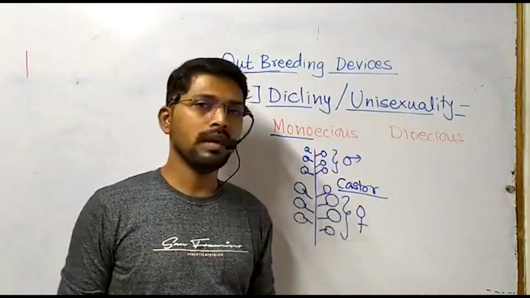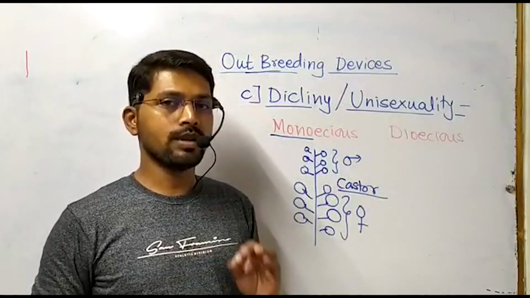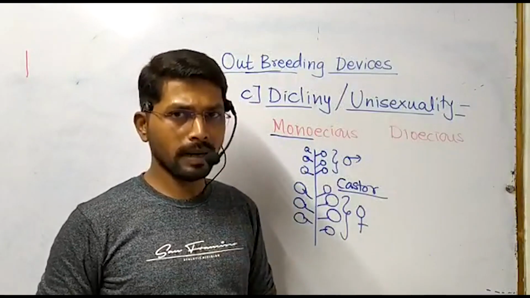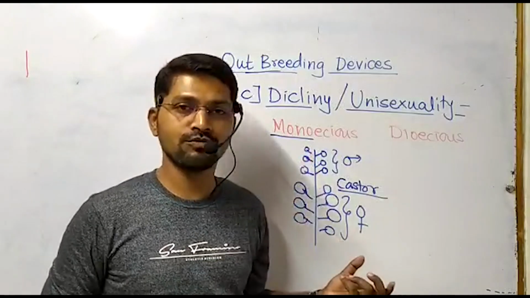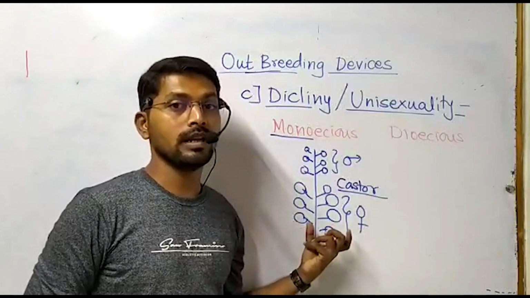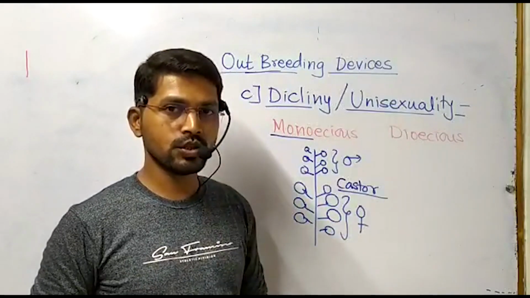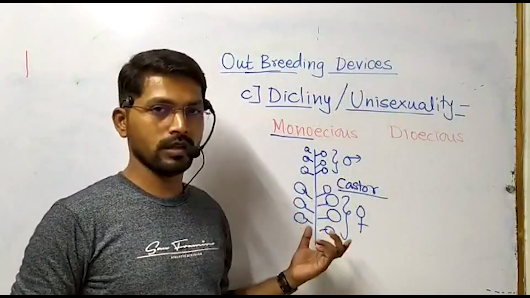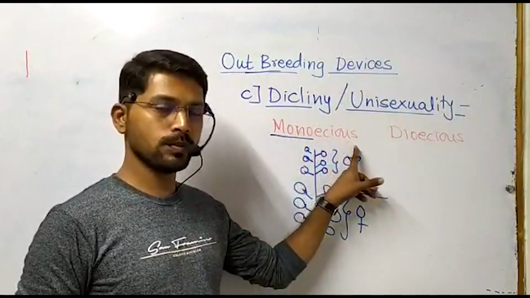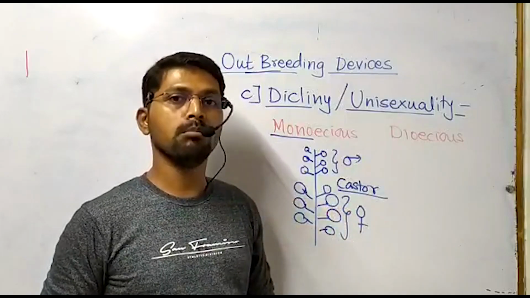Now these male and female flowers are separate and therefore they strictly prevent autogamy. But there are some chances of geitonogamy because pollen from these flowers is transferred to the neighboring flower. So partly they are preventing self-pollination and favoring cross-pollination. So in case of a monoecious plant, autogamy is prevented but geitonogamy may occur.